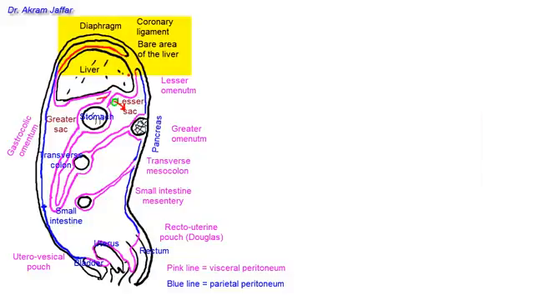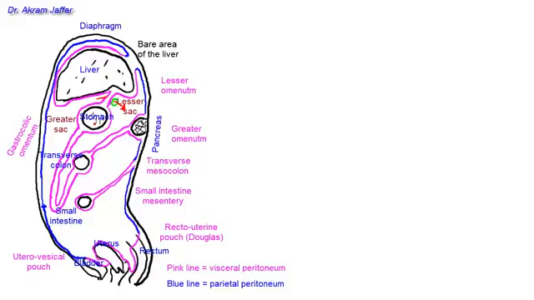Also note that the viscera are not located inside the peritoneal cavity. They are almost completely covered by peritoneum, but they are not inside the peritoneal cavity. The peritoneal cavity, as I mentioned, in the form of a greater sac or the lesser sac, is a thin potential space, and does not contain these viscera, but the viscera are almost completely covered by peritoneum.